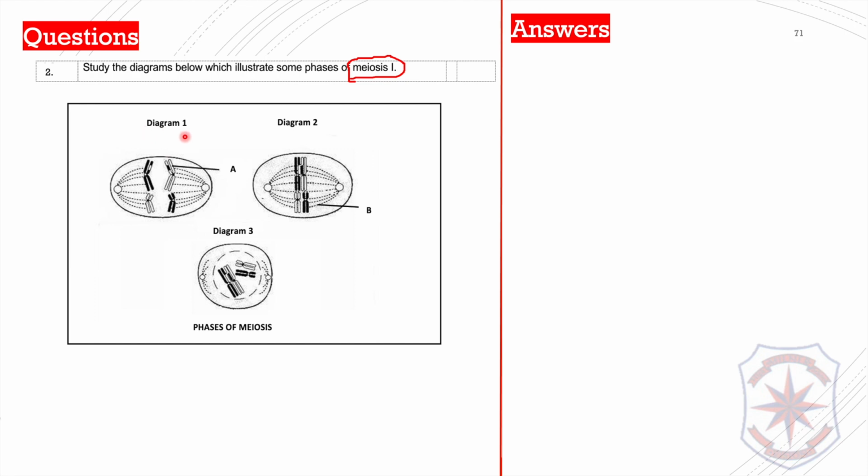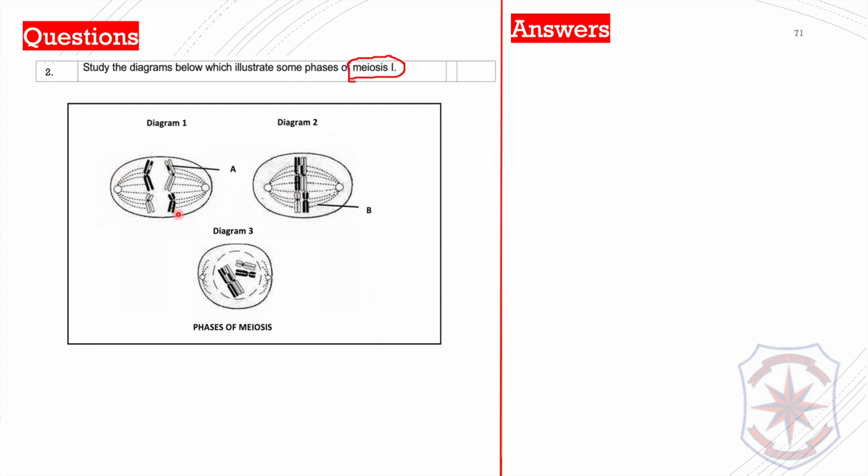Remember, your job is to be able to just look at the cell, the activities in the cell, and tell which phase each diagram belongs to, depending on what is happening within the cell. Okay, guys? So that's why it is very much important for you to know how the chromosomes are behaving, and what the activities are that are happening within the cell to be able to identify that particular phase.